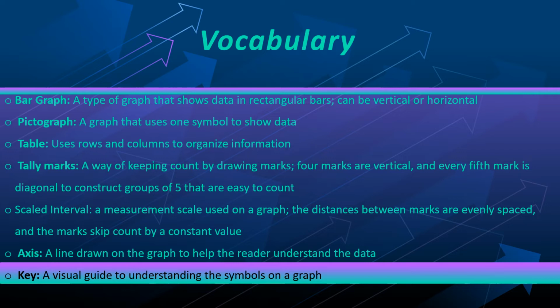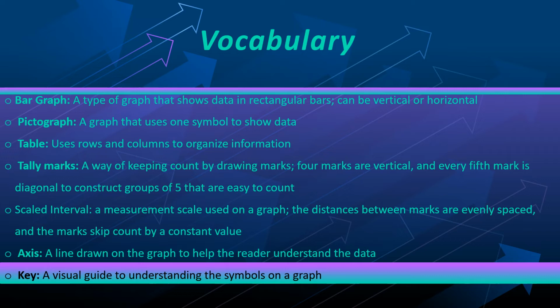Categorize, which is to arrange as a collection of objects with shared attributes. Data, which is information or a collection of facts including numbers, words, or observations. Difference, a number that is the result of subtraction. Interpret, which means explain or to give or provide meaning.